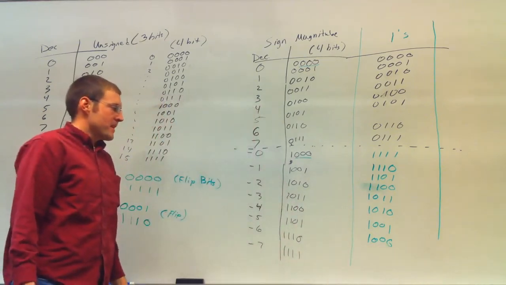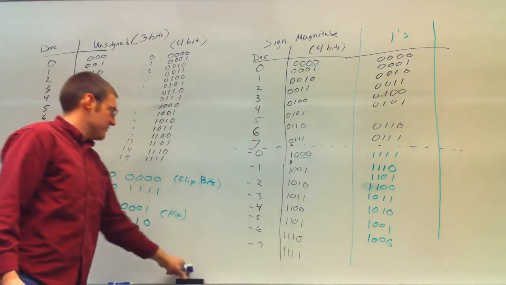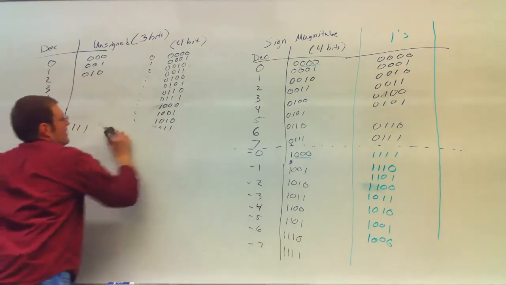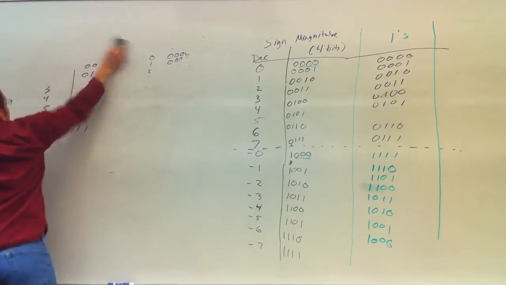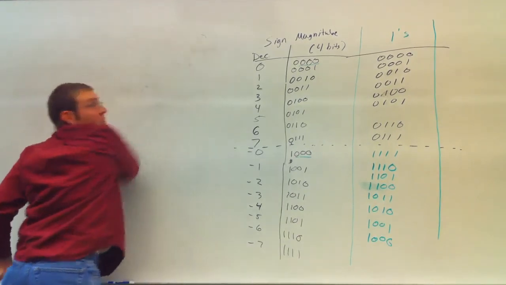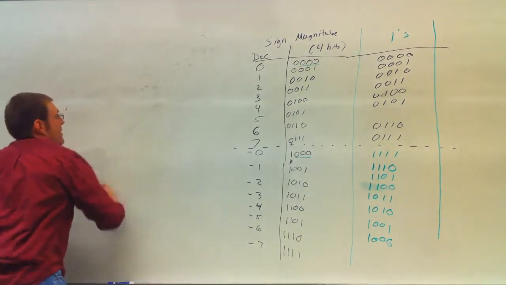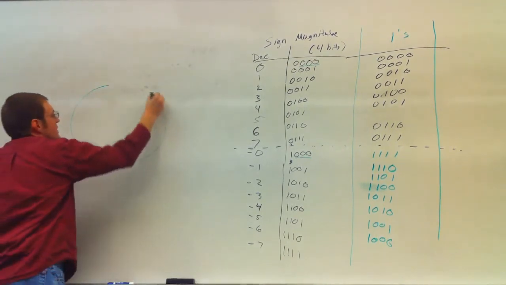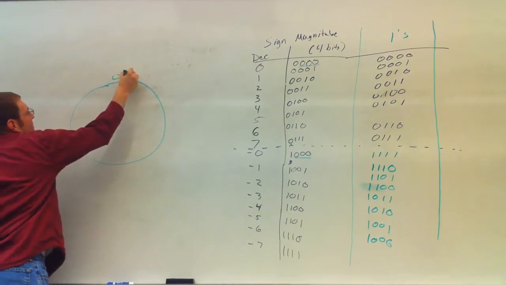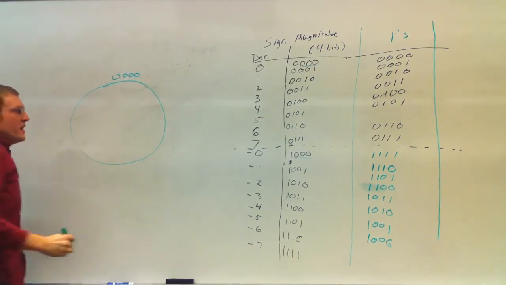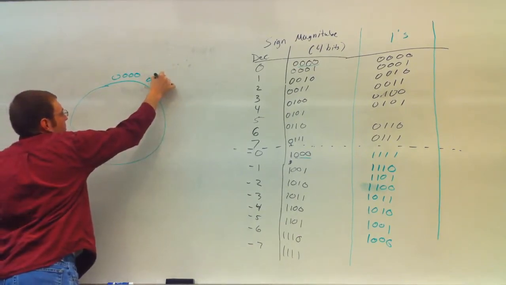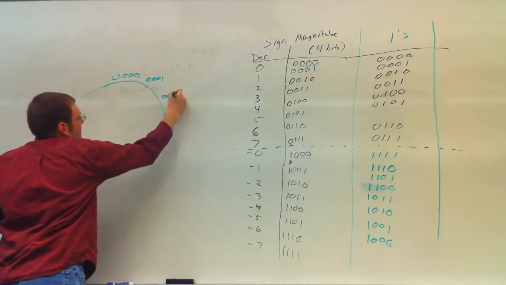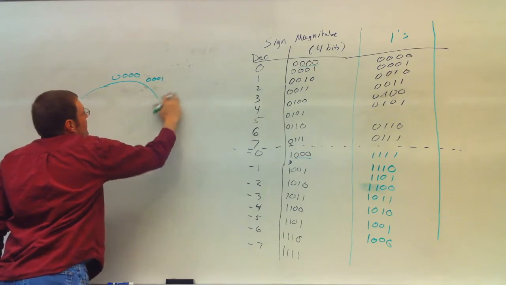Alright. If you want to look at it, I go back to the wheel. I have 0, 0, 0 up here, and 0, 0, 0, 1, 0, 0, 1, 1. Need more room.